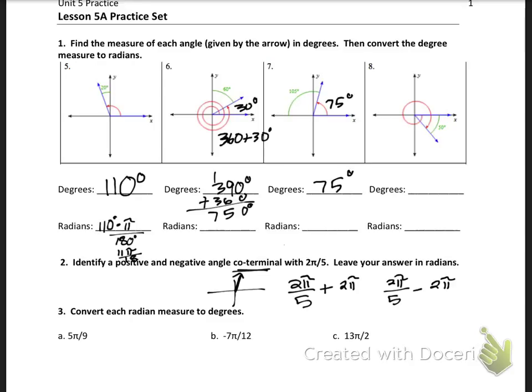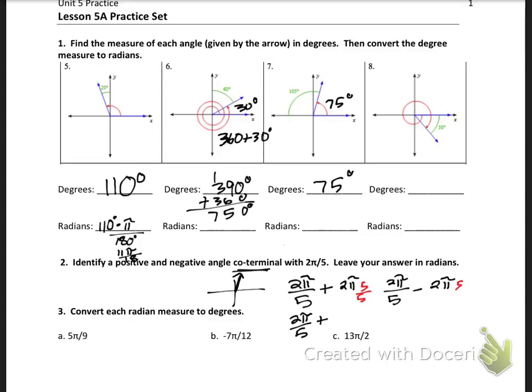Now fractions come into play, because adding 2 pi to this may not be in your wheelhouse at the moment. But if you take this little fraction up here times 5 over 5, then you get a common denominator.